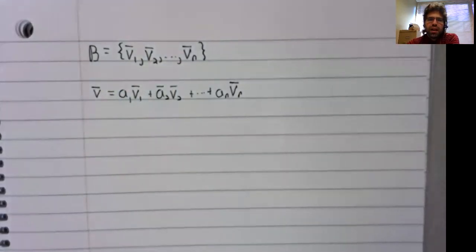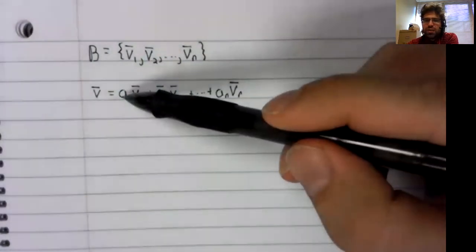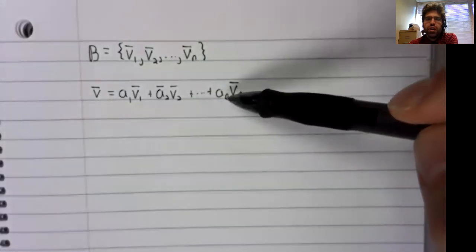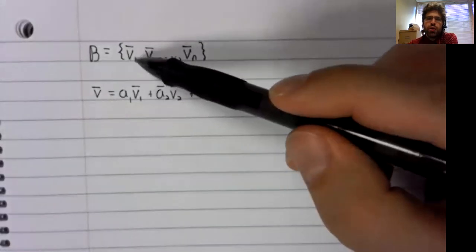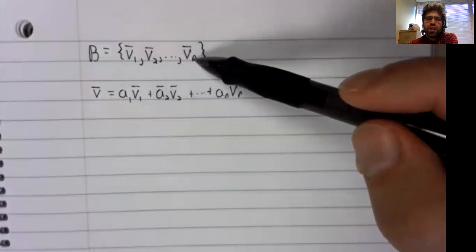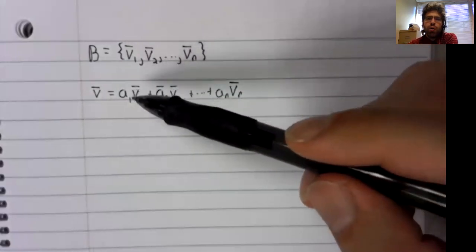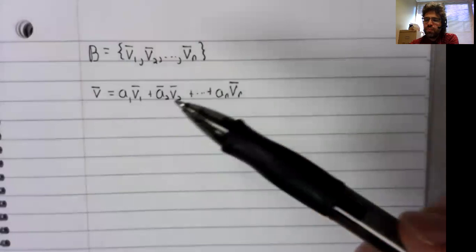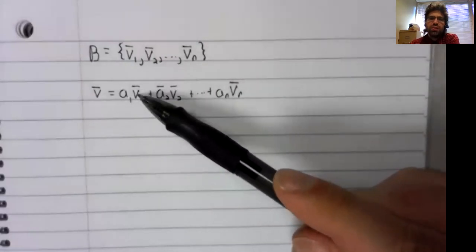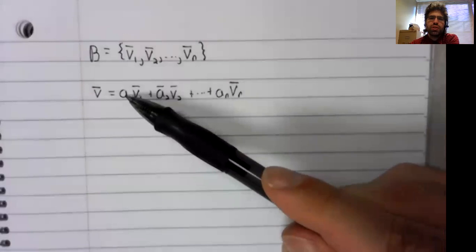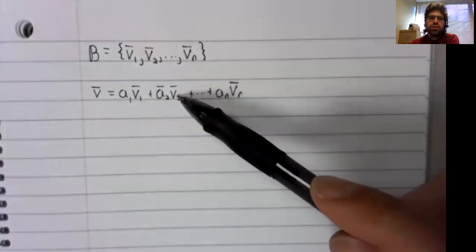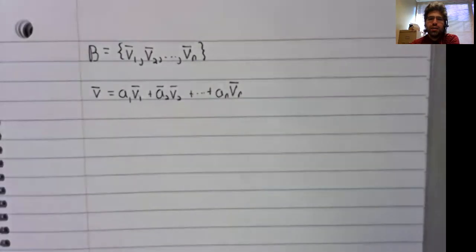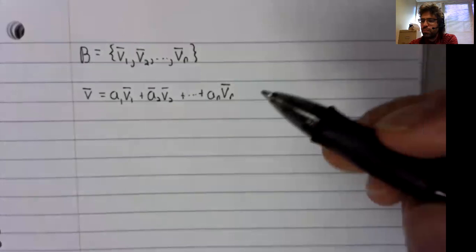But that means that any vector in the vector space can essentially be thought of as a list of numbers. If we know what the basis vectors are, then all we need to know to identify this vector is what the first basis vector is being multiplied by, what the second basis vector is being multiplied by, and so on.